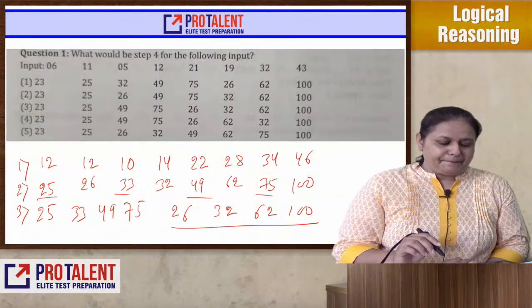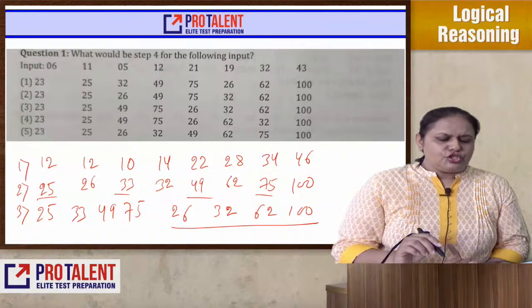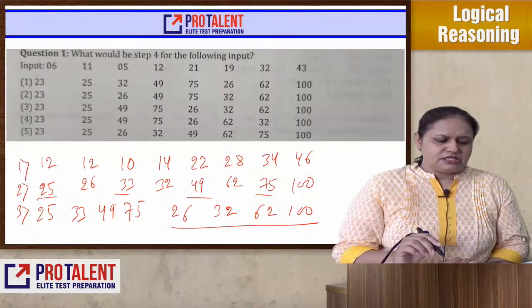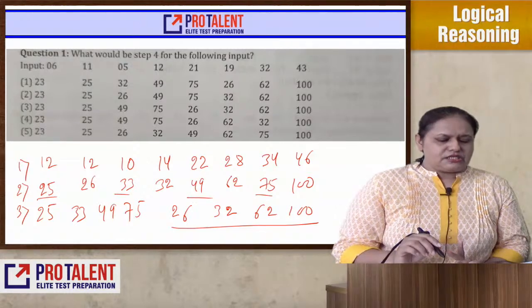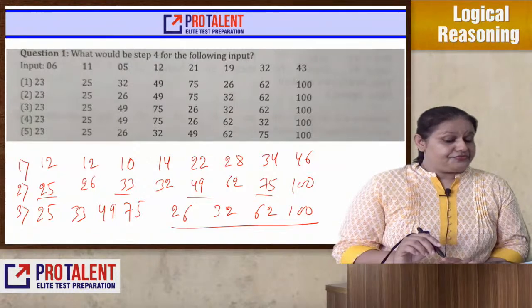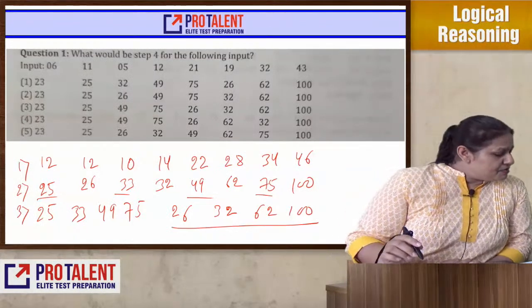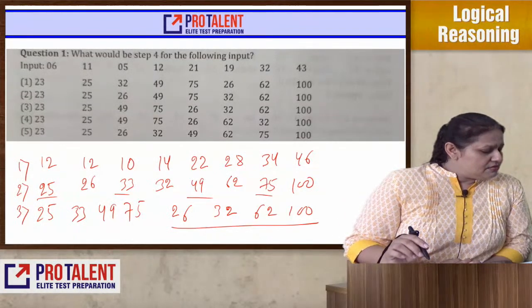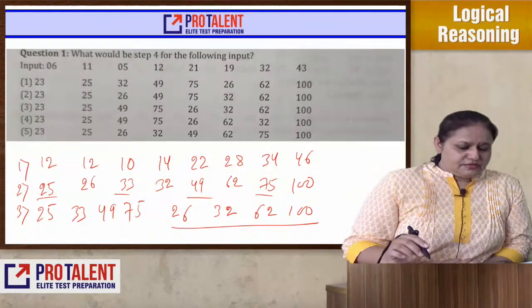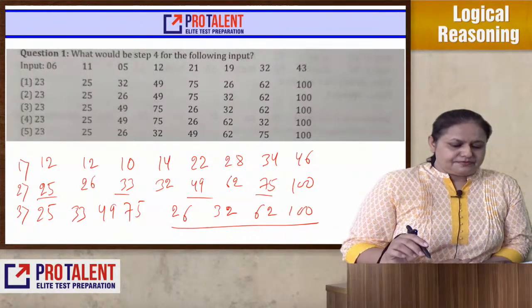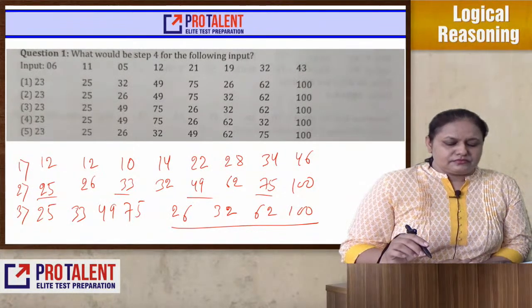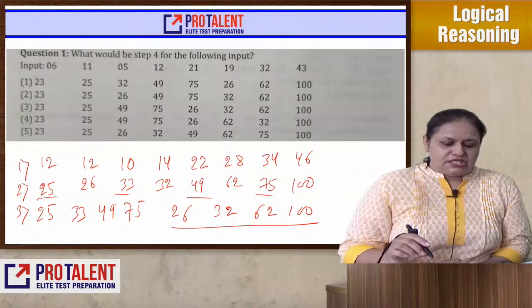So 25, 23, which number did I miss? The input is, let me see, 6, 11, 10, 12, 12, 10. All right. 25, 33, 49, 75.